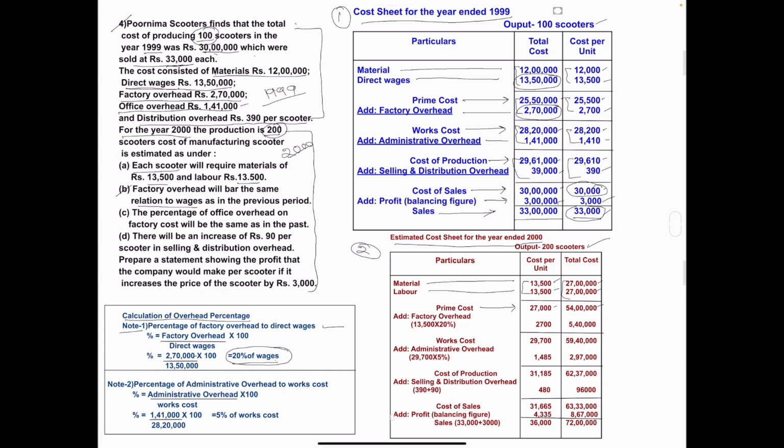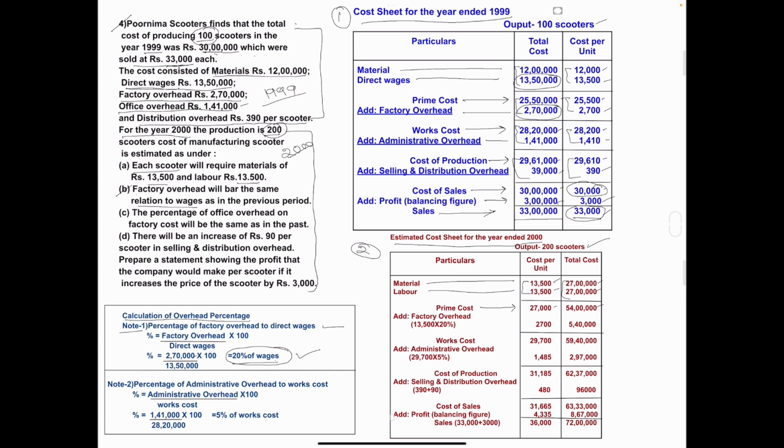Okay, so point B, what it says: factory overhead will bear the same relation to wages as in the previous year. So for that we have to take this formula, factory overhead into 100 divided by direct wages, and the answer we will get is 20% of wages. So come to our estimated cost sheet part. Add factory overhead. So overhead, how much we have to charge? Factory overhead 20% of wages. See the estimated cost sheet. Here labor means direct wages.